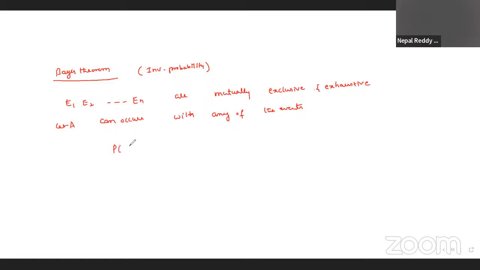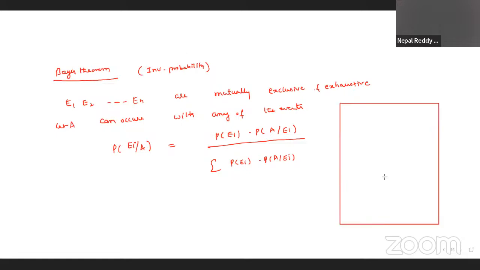Then probability of Ei given A is written as probability of Ei into probability of A given Ei divided by summation of probability of Ei into probability of A given Ei. This is the statement of Bayes' theorem.